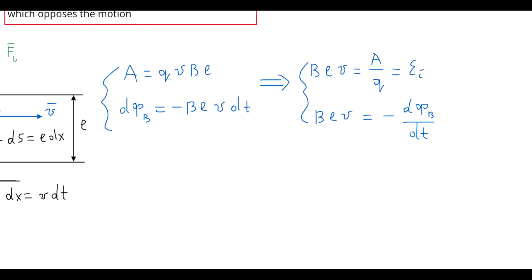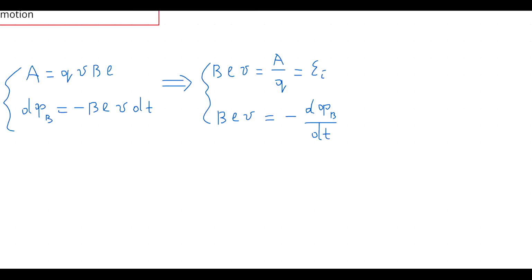Okay, and if the left sides are equal, BLv, the right sides of the equations must also be equal. So from here we can obtain this equation: the electromotive force equals minus dΦB divided by dt.